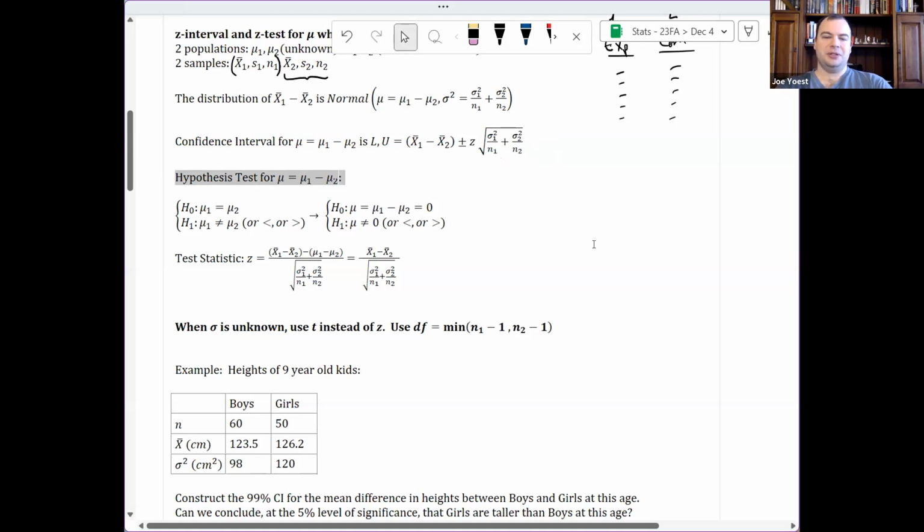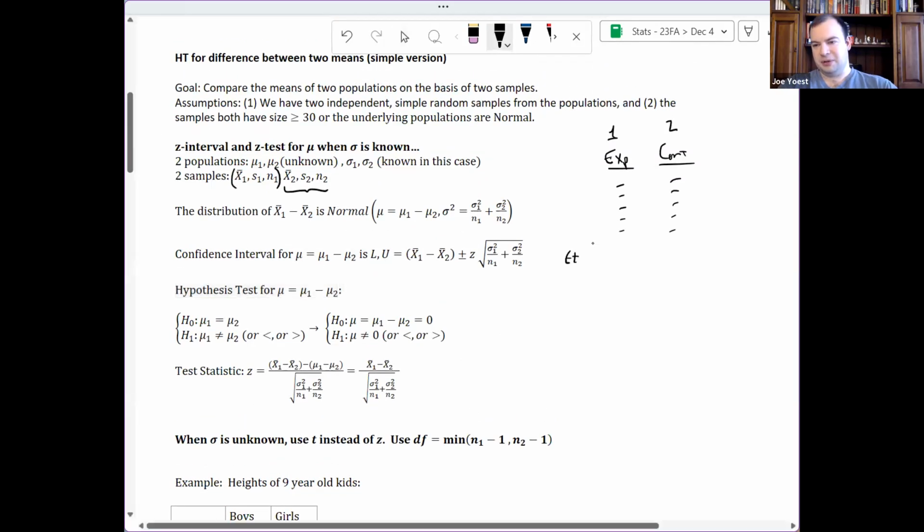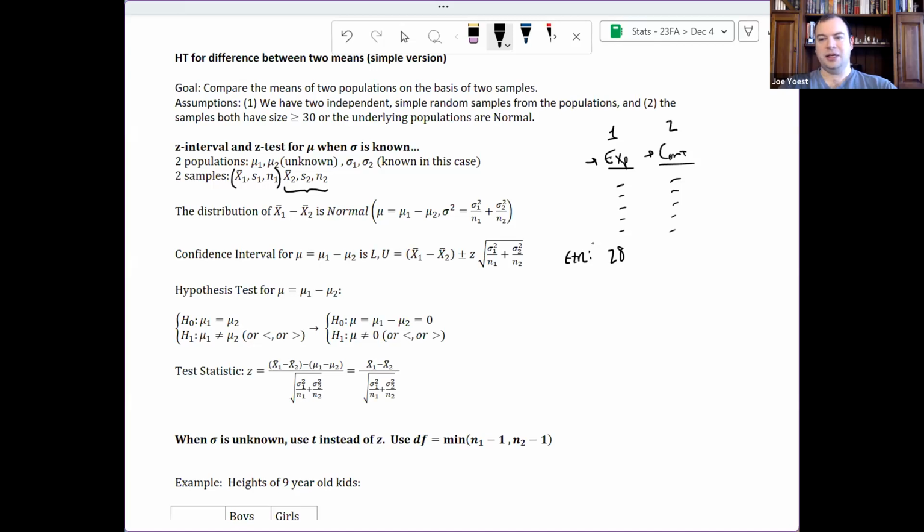We also might be interested in a hypothesis test for the difference between the means. In other words, maybe I'm interested in time to recovery for my experimental group that took my drug versus the control group that did not. And what if I have a time to recovery of, let's say, 28 hours versus 36 hours.